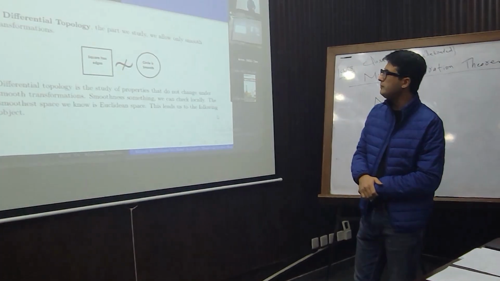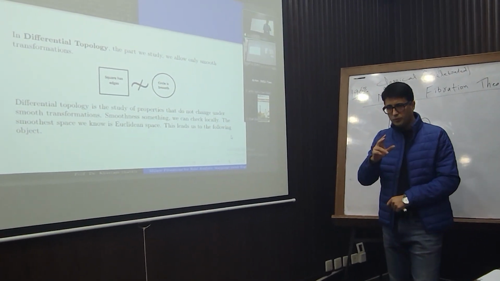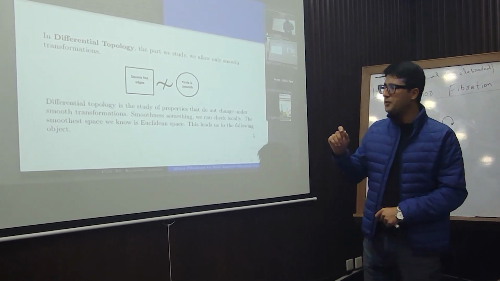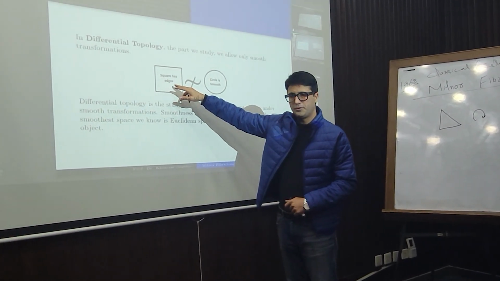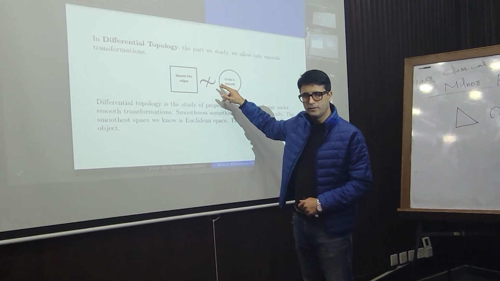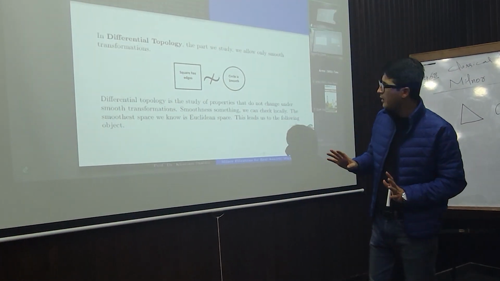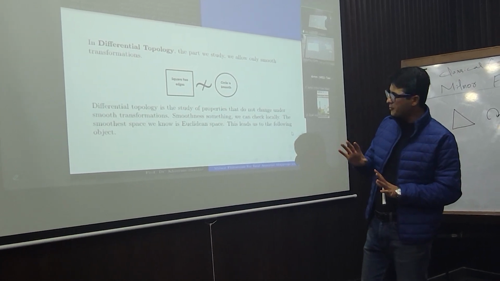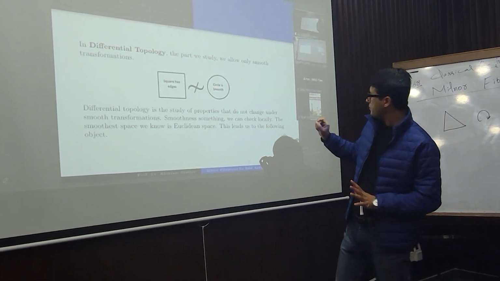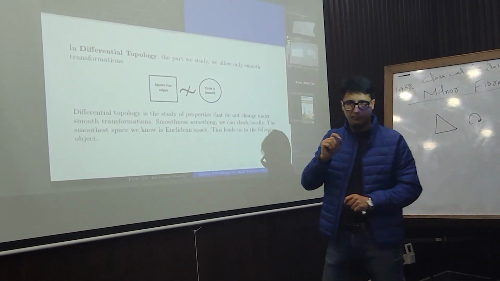Next, when we move to differential topology, the square and the circle are different objects. Why are they different? Because here we are expecting a transformation, but that transformation must be smooth.